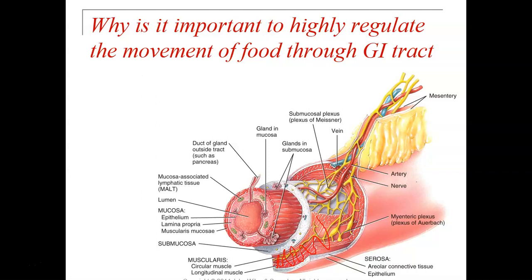We have to ensure that the food, let's just call it food, that you've swallowed doesn't move through an area before the mucus or before the enzyme is secreted. That would make no sense.